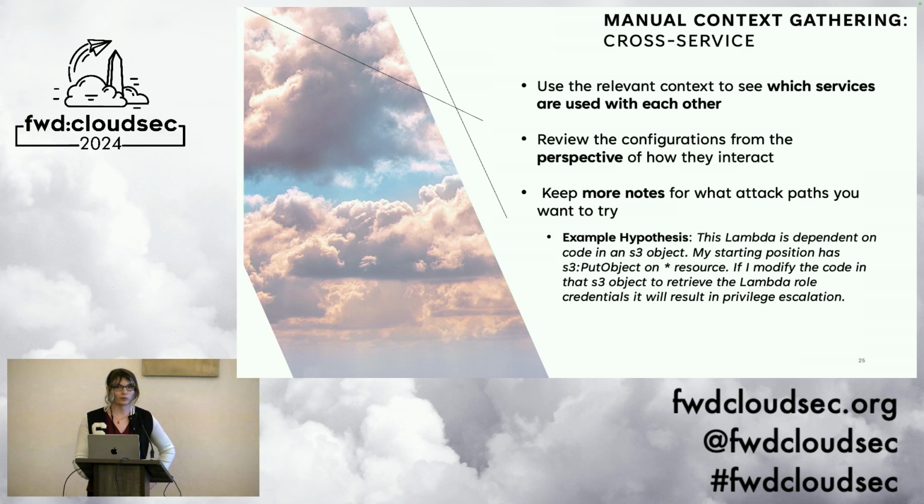And you might have permissions for that from your assumed breach position. So you would probably want to consider, could I modify that code in some way that's malicious and get that actual Lambda role credential to then get privilege escalation? So these are the kinds of attack paths that you can create from manual context gathering.